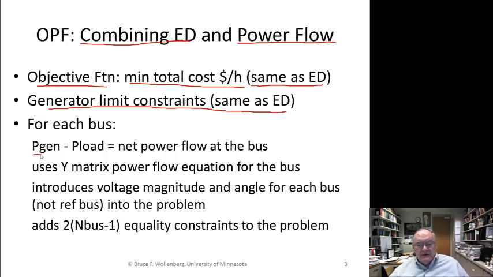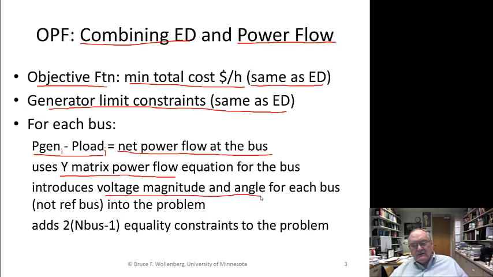So the P-gen minus P-load must equal the net power flow at each bus. So I should put an I here. This is the conditions at each bus. I use the Y matrix power flow equation for the bus, which introduces the voltage magnitude and phase angle for each bus, not including the reference bus, into the problem.